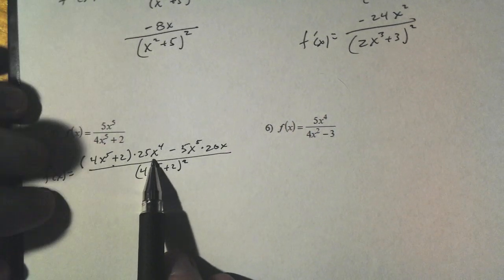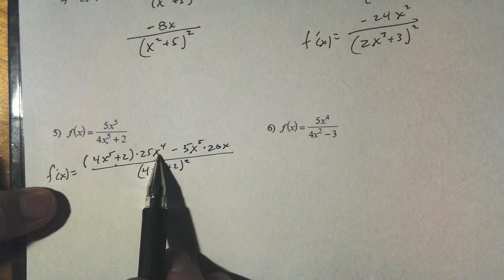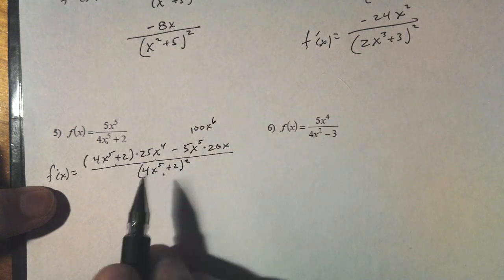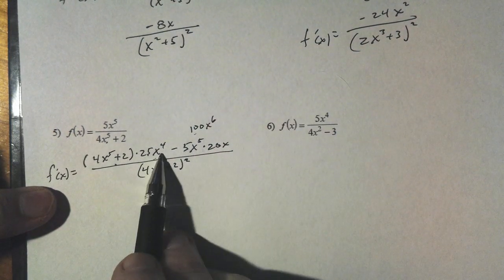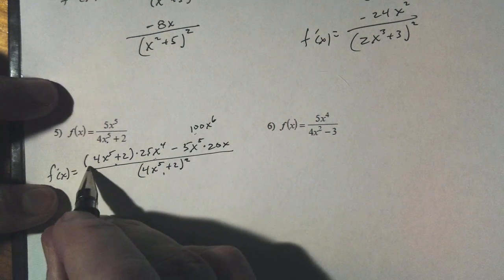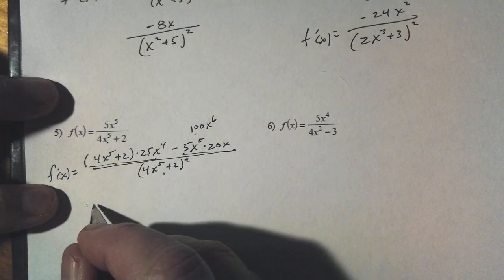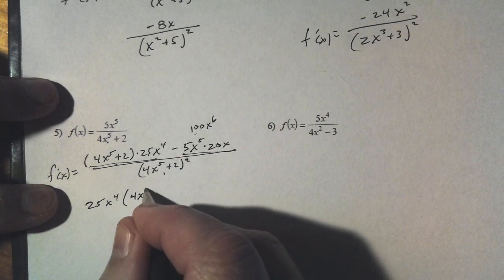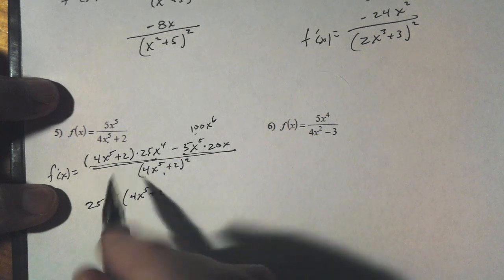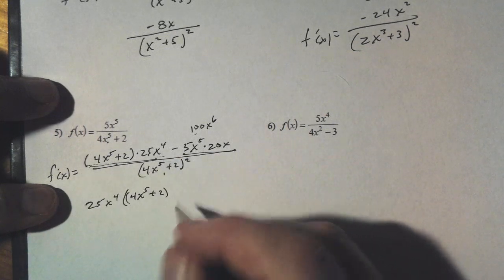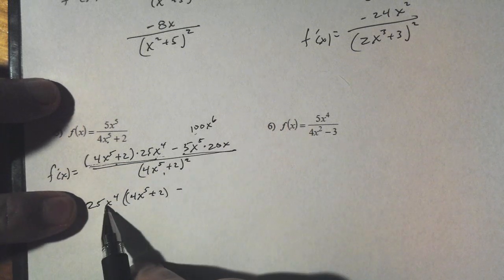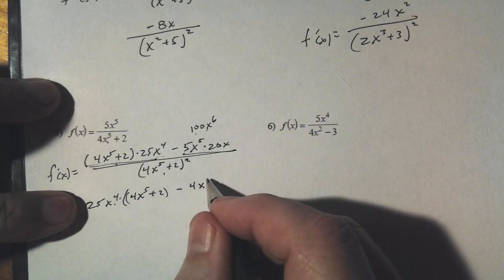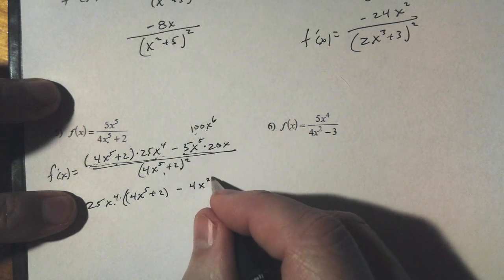What can we factor out? I can actually factor out from these two terms, like, see, this is 100x to the 6th, right? So I can factor out a 25 and an x to the 4th from this big term and this big term. So 25x to the 4th leaves me 4x to the 5th plus 2 from this term, minus 25x to the 4th times what is this? 4x squared here.